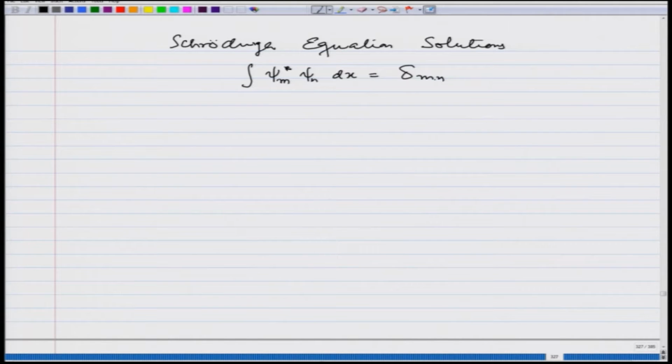So, we are assuming we have normalized the wave functions, and the summation over n of psi n star x prime psi n x equals delta x minus x prime.